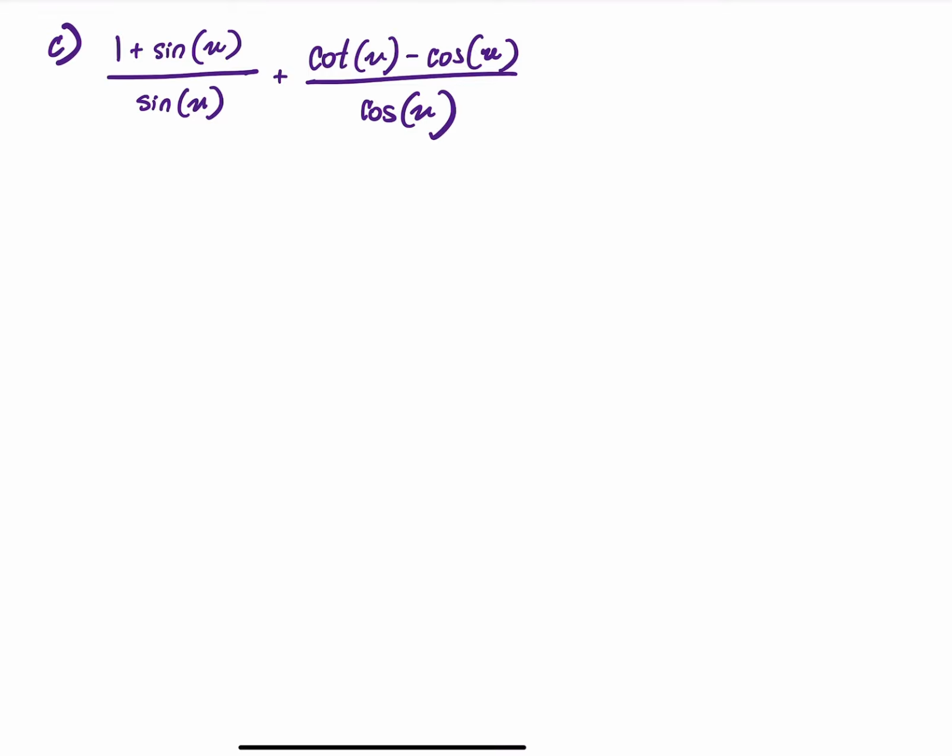And the suggestion they gave us was to rewrite the expression as a single ratio, which means to combine these two fractions together. So that's the strategy we're going to use.